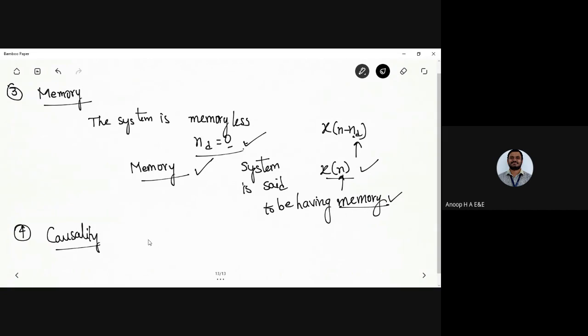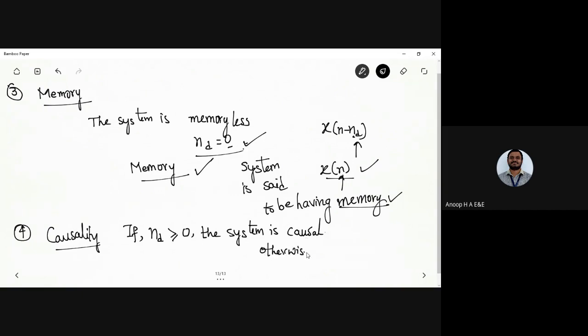Again, you will have nd greater than or equal to 0. If nd is greater than or equal to 0, the system is causal.